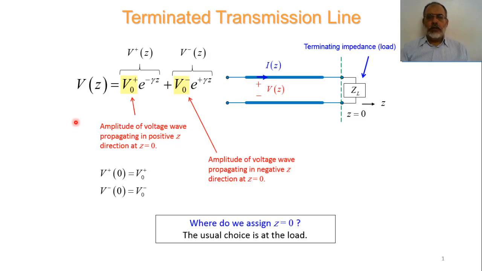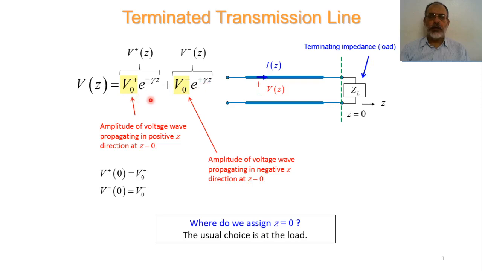Up till now, we have studied the infinite transmission line. In the general case of a lossy transmission line, we said that the voltage at any point z would equal V naught plus multiplied by e to the power minus gamma z, plus V naught minus multiplied by e to the power plus gamma z.